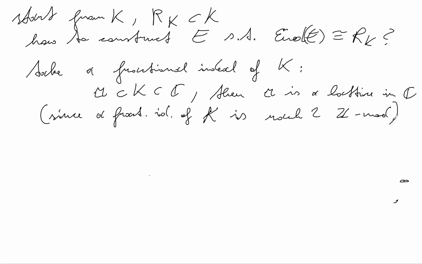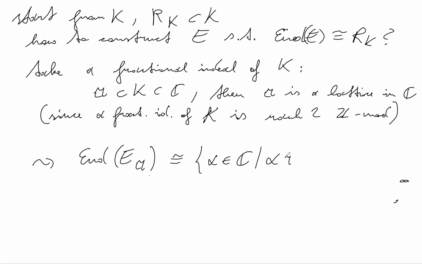And now I can look at this thing here. I can actually consider the elliptic curve that's generated by A considered as a lattice. And it turns out that the endomorphism ring of this thing will actually be R_K. So let's look at this. The endomorphism ring of the lattice A is isomorphic to all the alphas in C such that alpha times A is contained in A. That's how we defined it earlier.